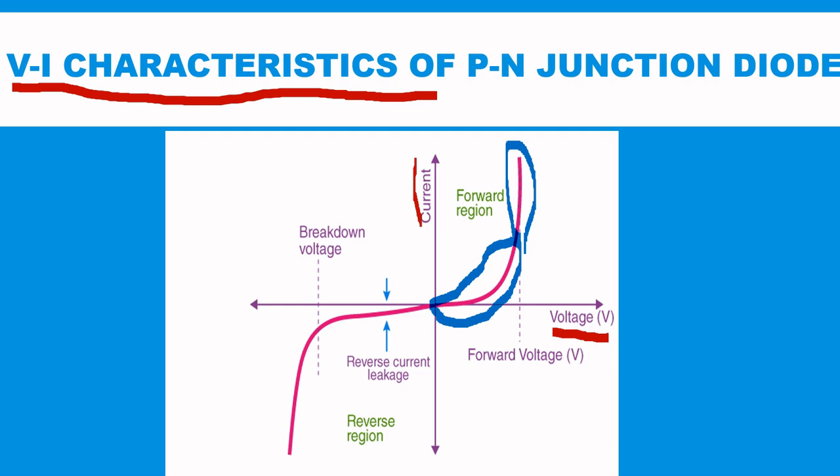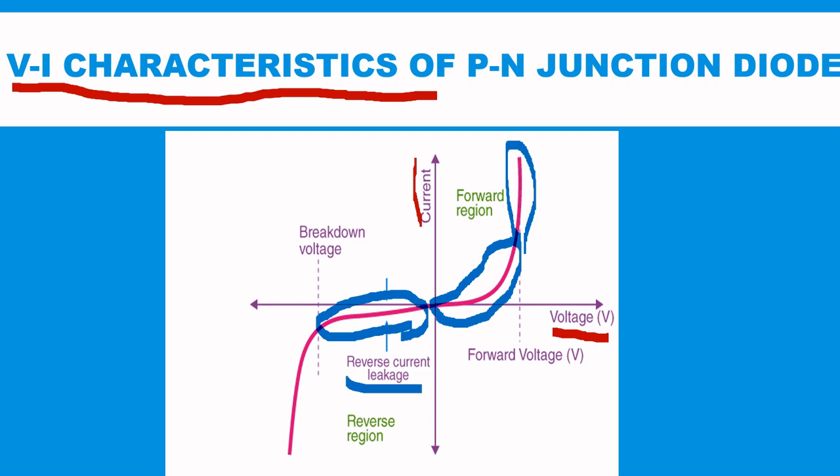When the applied voltage is increased, the minority charges will have increased kinetic energy, which affects the majority charges. This is the stage when the diode breaks down. This may also destroy the diode. So this is about VI characteristics of PN junction diode.